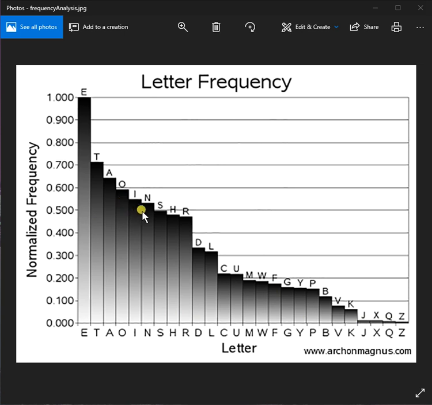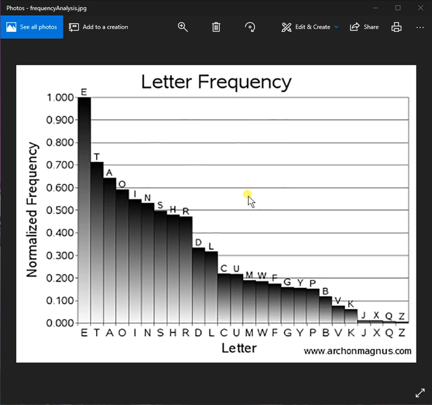If you're looking at OINSHR versus CUMWFGYP down here, okay, these letters are kind of close together and they're probably going to be mixed up, but they're quite different from each other. I can pretty much assume that if a letter is down here in the frequency, it's not going to be an O or an I or N, and vice versa. So it's not as much fun as I would like it to be.